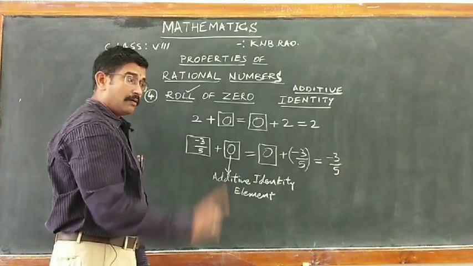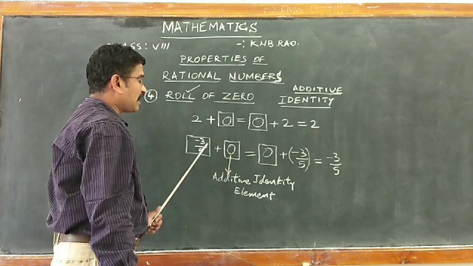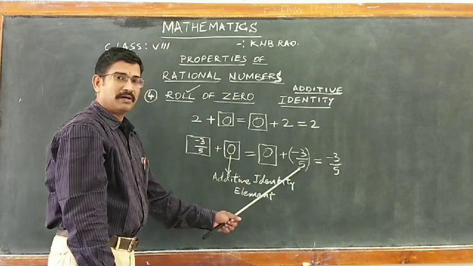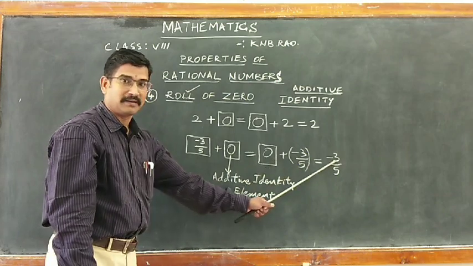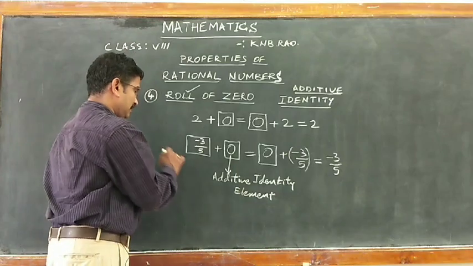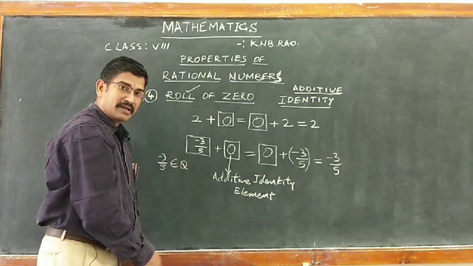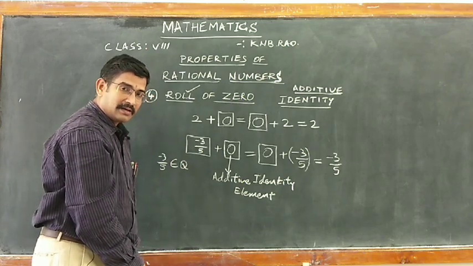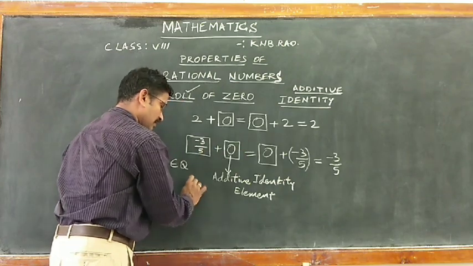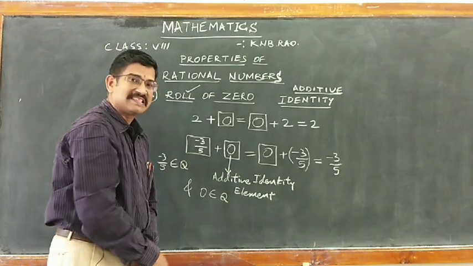Okay, children. Here there is one more condition. For any rational number, when 0 is added or that rational number is added to 0, it gives the same rational number. We know that here minus 3 by 5 belongs to the rational number set. Not only this, even 0, that is the additive identity, also belongs to the rational number set.